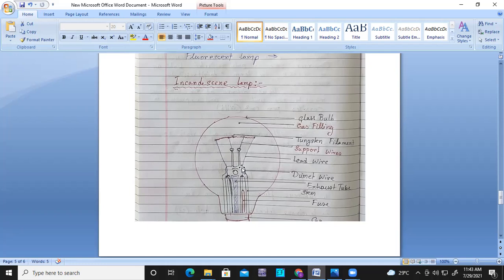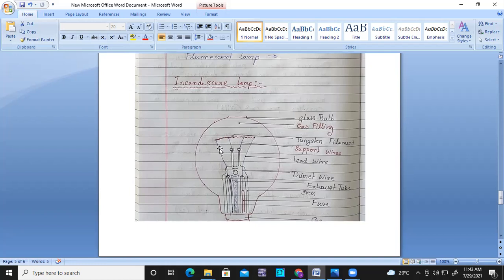Another thing is called the dumet wire. This dumet wire is also made of steel, but it is plated with copper. So in this portion you can see the nickel wire, and in this portion you can see the copper wire.